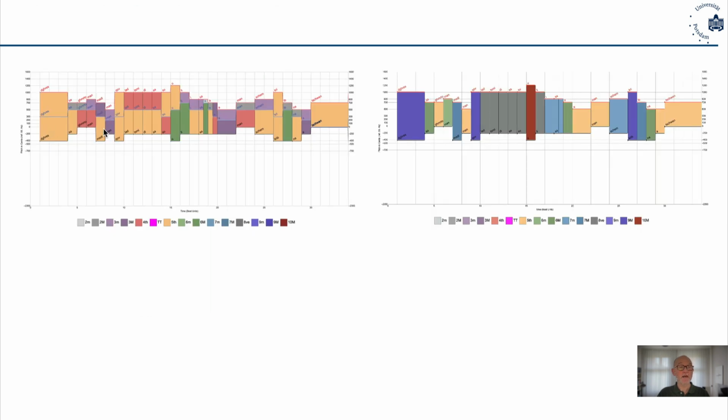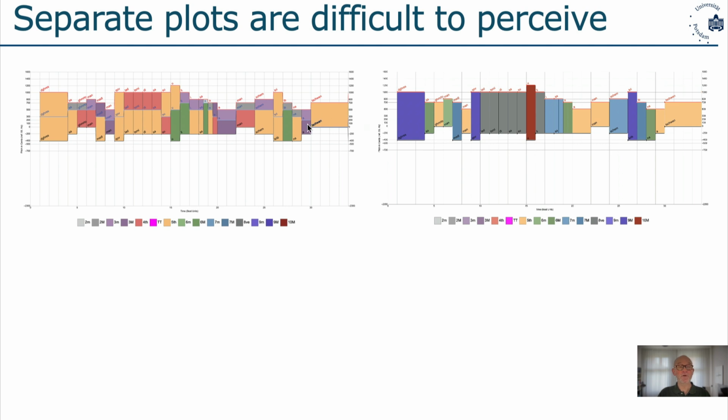If we put the resulting plots side by side, we have the complete melodic and harmonic information. But the resulting two separate plots are still difficult to perceive. We cannot simply merge the two diagrams because the interval columns occupy the same regions in the time-pitch space.